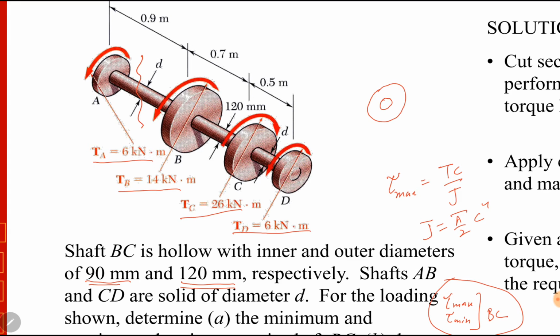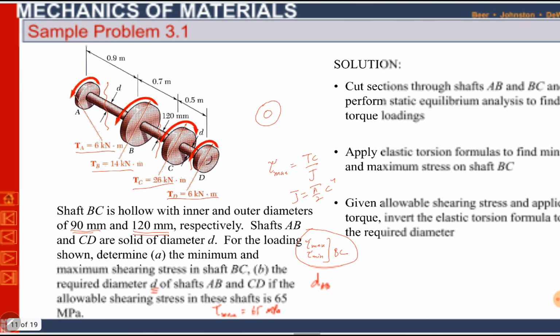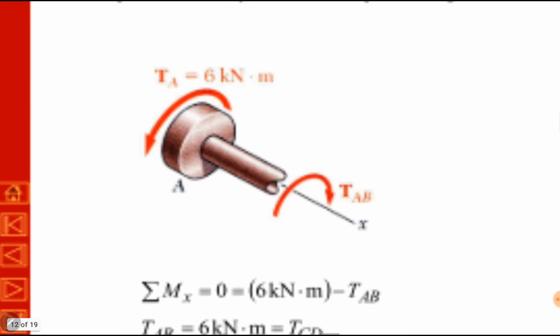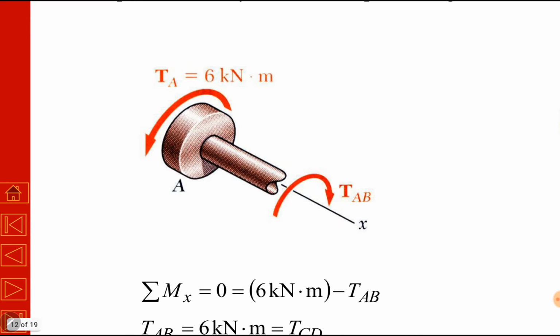Similarly, section between points B and C to find torque in shaft BC, and between C and D to find torque in shaft CD. So we'll start from one end, from end A. We have sectioned the shaft AB.